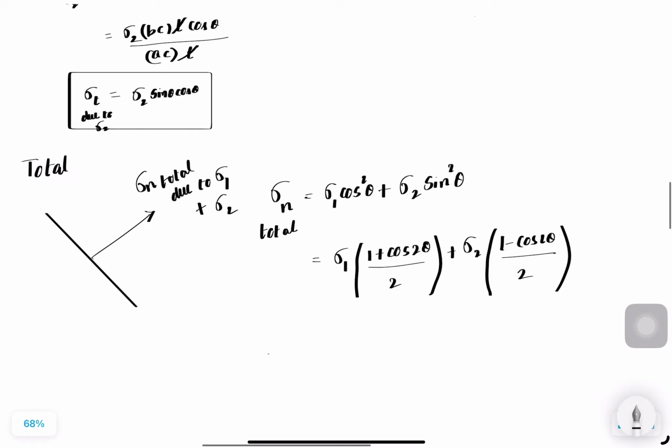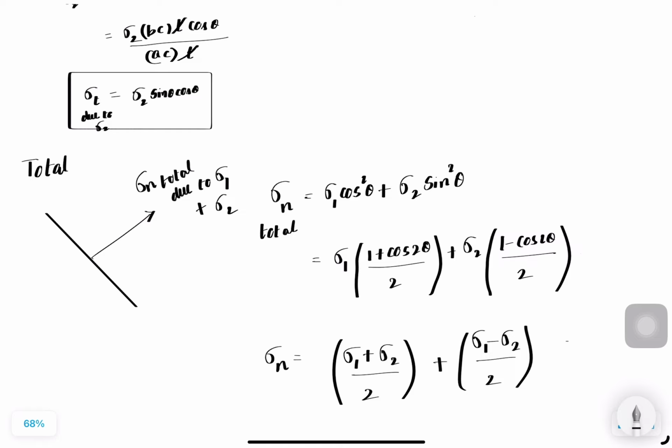So in the next step, you can pull the terms that are common outside. Sigma 1, I'm sorry, if you just take the common terms outside, you will get sigma 1 plus sigma 2 divided by 2 plus sigma 1 minus sigma 2 divided by 2, which is common for the cos 2 theta.